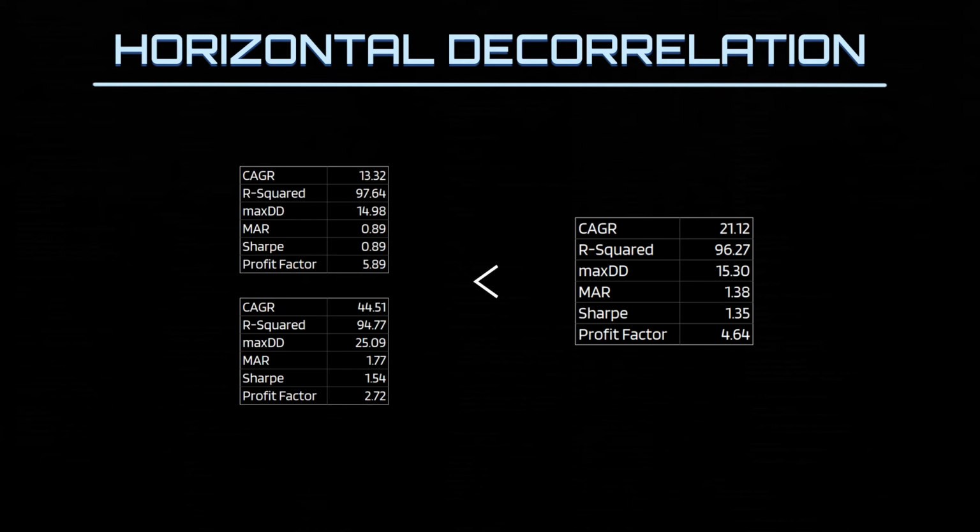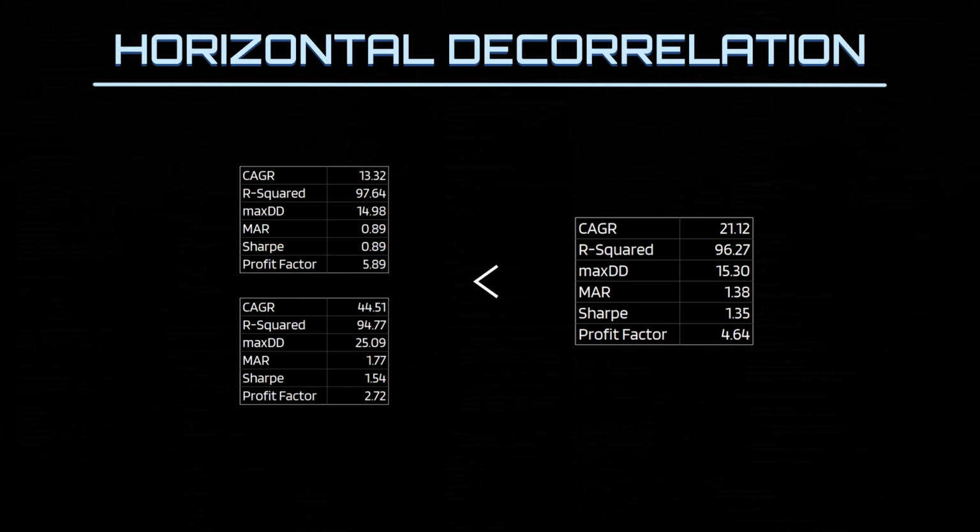And if we still wanted to target the same CAGR as the Nasdaq system, we could easily solve for that by making use of some leverage, and we would still not take as much risk as if we were to trade the Nasdaq system alone. Either way, the normalized quality of this blended portfolio is uniformly superior to either one of its parent systems taken individually.